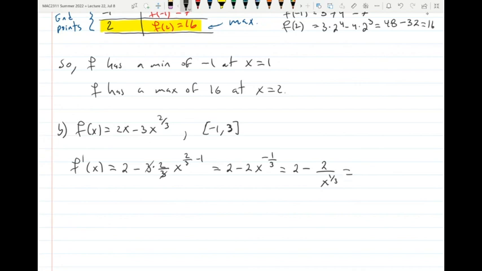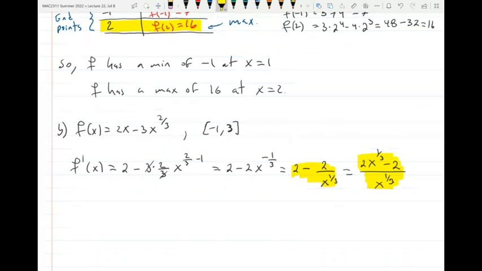Okay, so the LCD is x to the 1/3. So here we have 2 x to the 1/3 minus 2. Make sure that you understand how to do this, that you know how to go from here to here, that you understand how to subtract fractions when there are variables and multiple expressions appearing, because you will have many situations in which you need to do this, and you don't want to lose points on stuff like this.